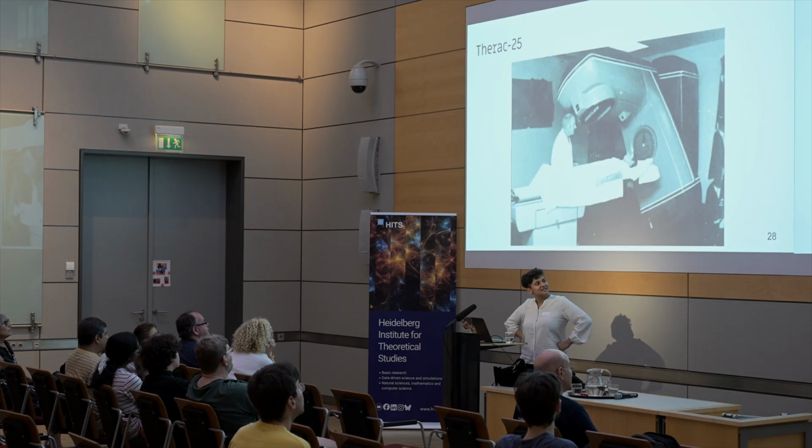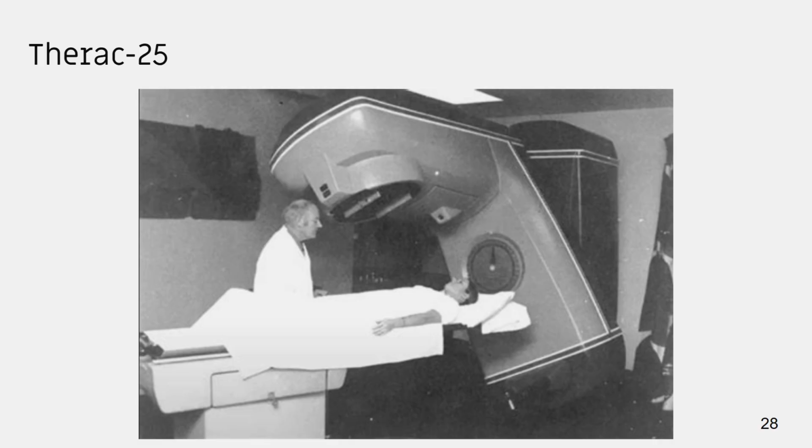So this is not an LLM. Obviously, this is the Therac-25. I don't know if any of you are familiar with this, but it's an old computer-controlled radiation therapy machine. So it delivers radiation to people who have cancer.